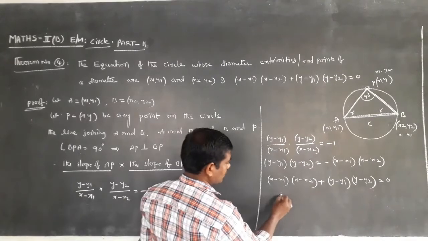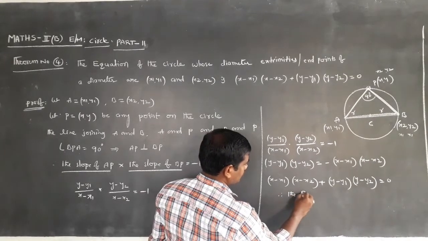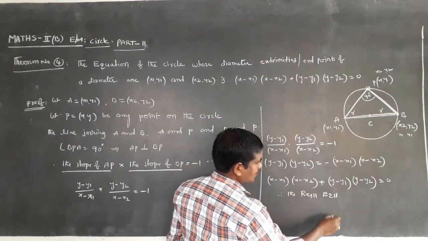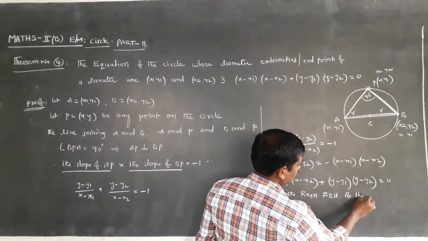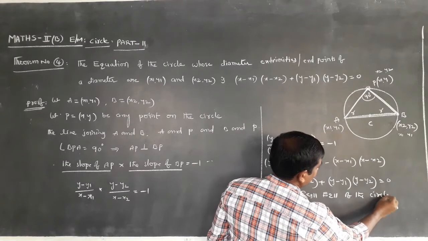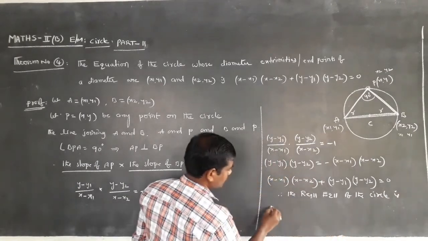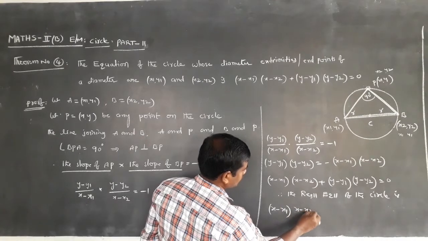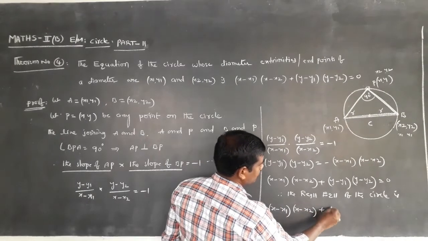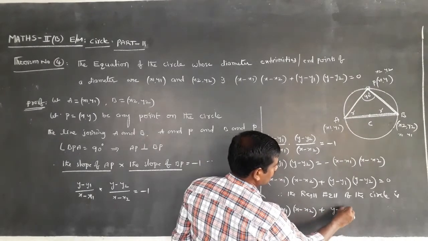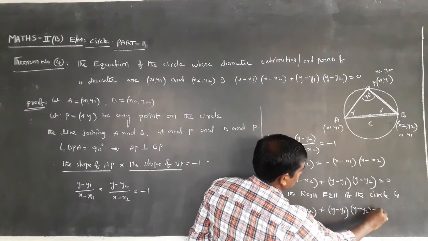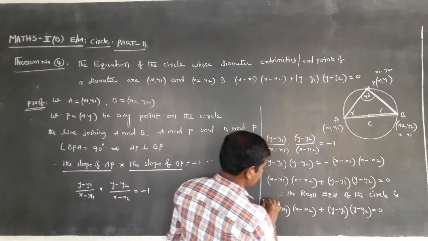Therefore the required equation of the circle is (x - x1)(x - x2) plus (y - y1)(y - y2) is equal to 0.